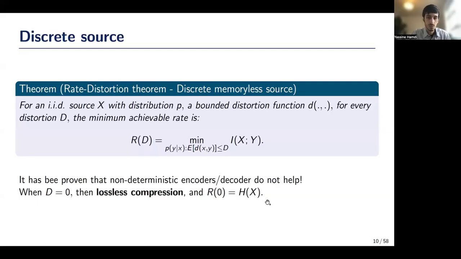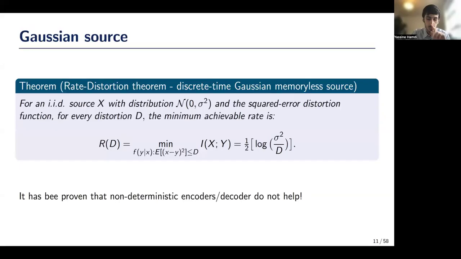Okay, now before we go into the proof, I just wanted to mention you can do that for continuous variables, for a Gaussian distribution, for example. And why is that interesting? Because I told you what is the optimal r, but I didn't tell you what is a good encoder and a good decoder. For the Gaussian distribution, the optimal encoder and decoder is actually the JPEG algorithm.